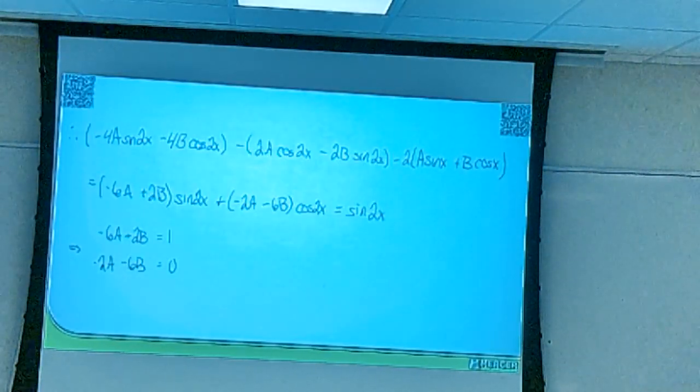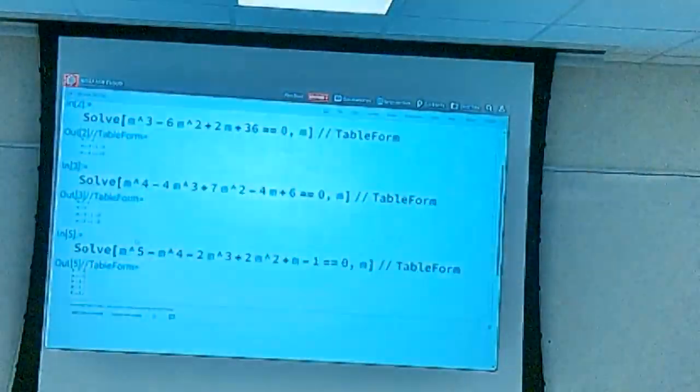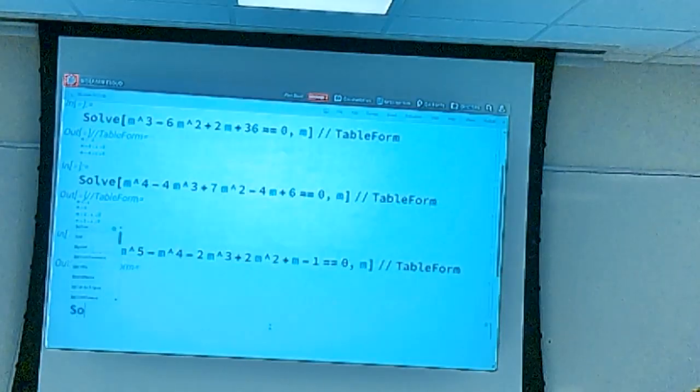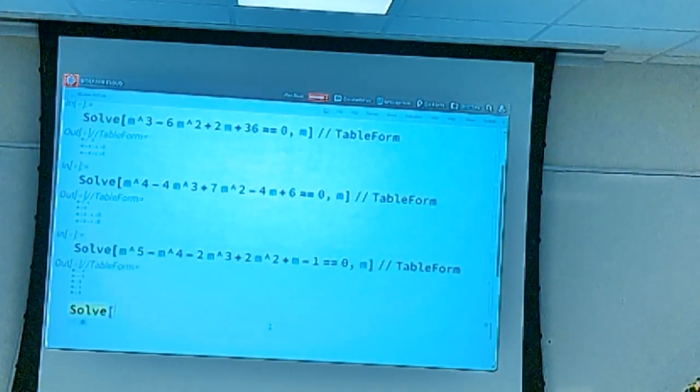I'm going to show you how to do it in Wolfram. Two ways of putting it into Wolfram. I'm going to go this way. Braces, first equation.